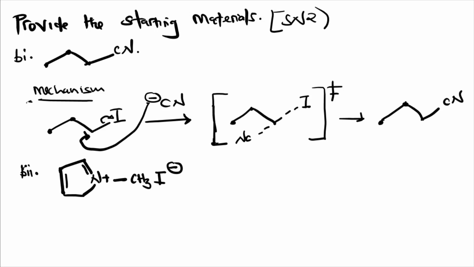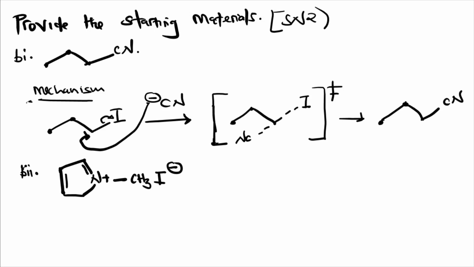So the starting materials in the SN2 reaction for this product was this one here. When you look at this, there's a positive charge here and there's a negative charge here, meaning that this is an ionic compound.